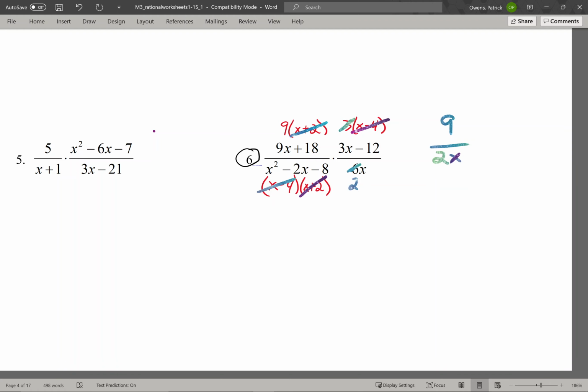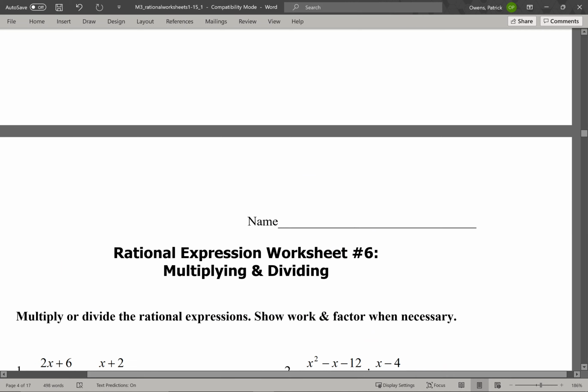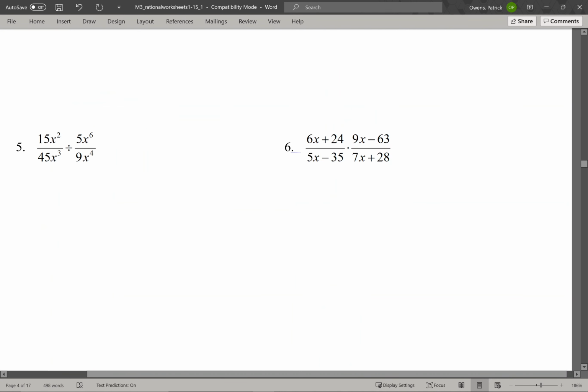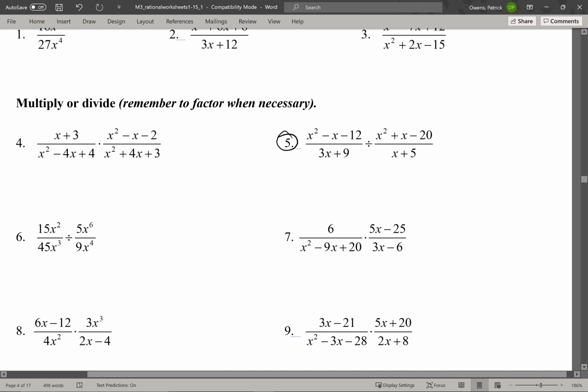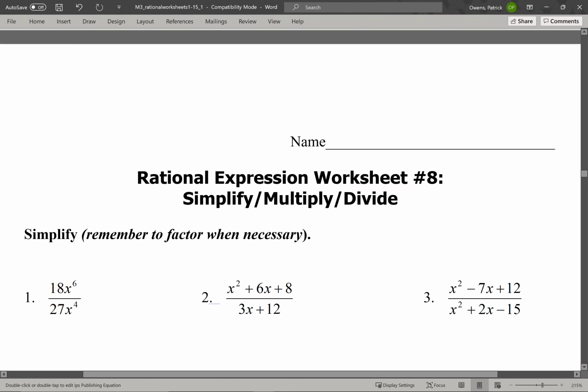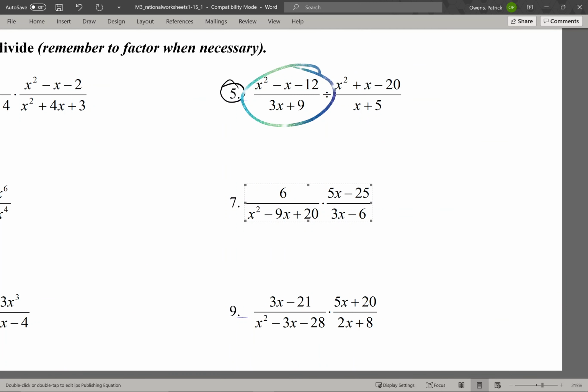Let's take a look at one that involves division. It's on one of these pages here. Here we go. When we are dividing with fractions, we want to multiply our numerator, because we could write this out as a fraction divided by a fraction.